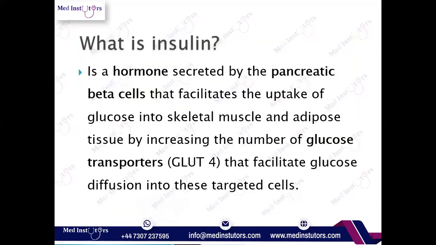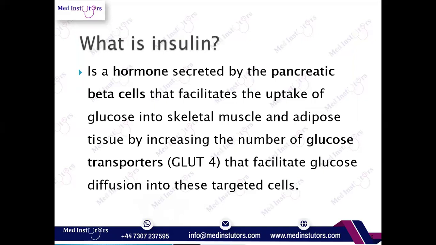Okay, so our topic proper is about insulins. So what is insulin? Insulin is a hormone produced by the pancreas, specifically by the beta cells of the islets of Langerhans, the endocrine pancreas.